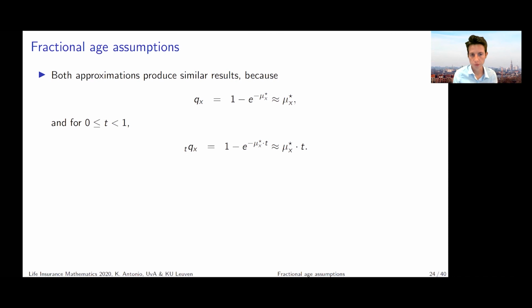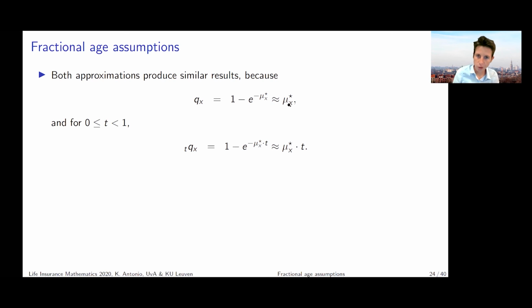And if we work similarly for a duration t, if we work with tqx, then we've got under the piecewise constant force of mortality that this is 1 minus e to the power minus mu x multiplied with t. Again, if I build my Taylor series approximation, I've got t multiplied with the mu x, right? So the point that we want to make here is that also under the piecewise constant force of mortality, you would have a qx, which is approximately equal to the mu x, and then the tqx is t times this approximation, right?